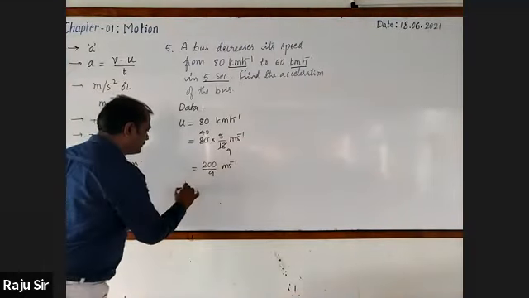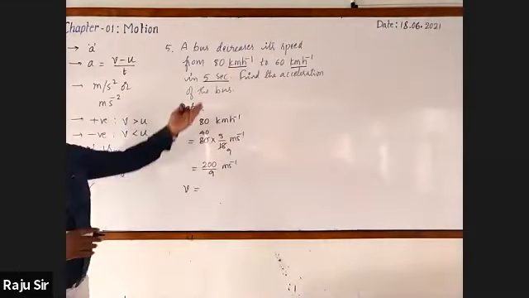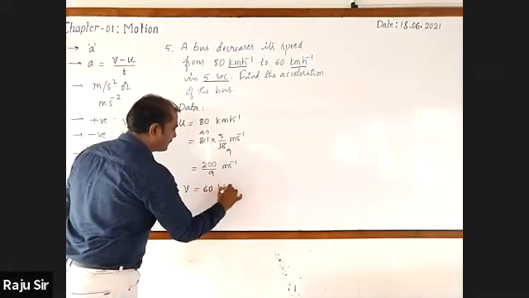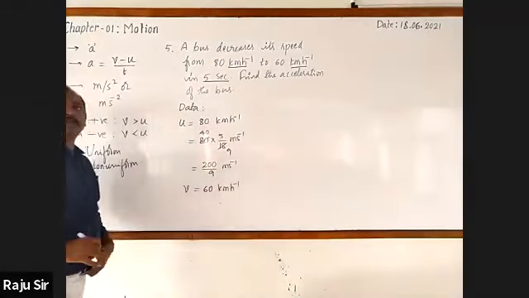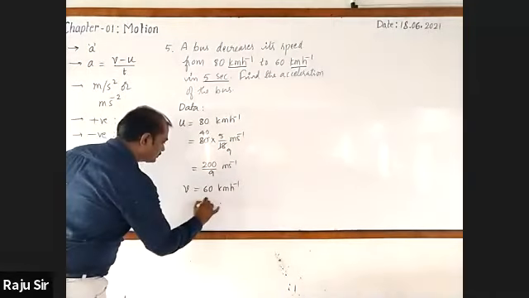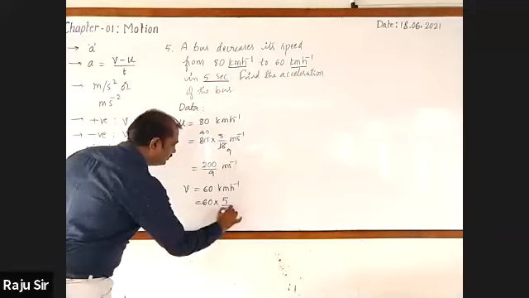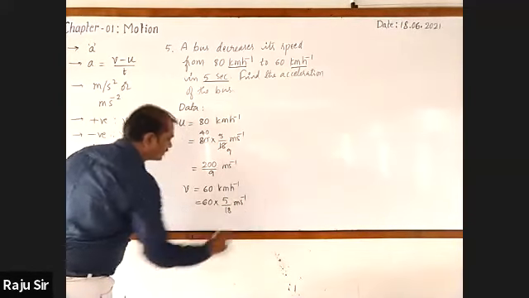Similarly, v is final velocity. It is 60 kilometer per hour. Then even this speed should also be converted into meter per second. 60 into 5 by 18 meter per second.